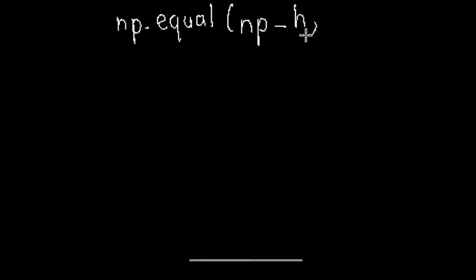We can even check if they are equal by saying np.equal. Remember, for a Boolean, you need to compare two values, okay? So in this case, we couldn't just put NPH, we have to compare it to weight. Otherwise, how's Python going to determine what's true or false?